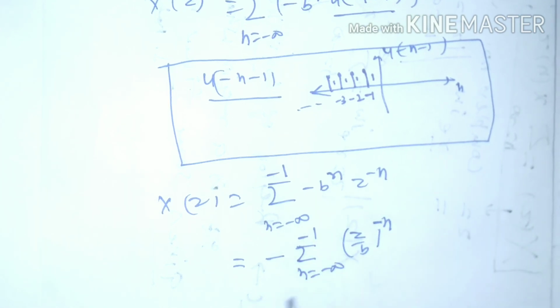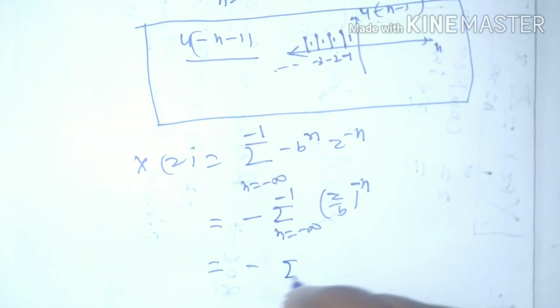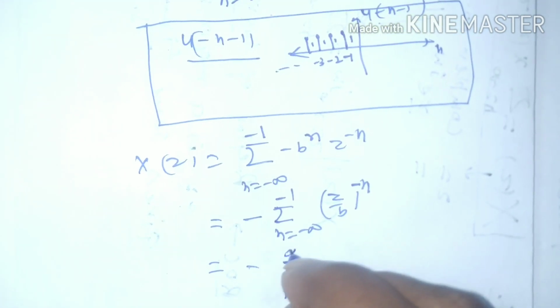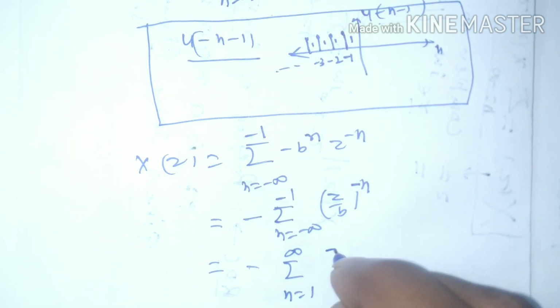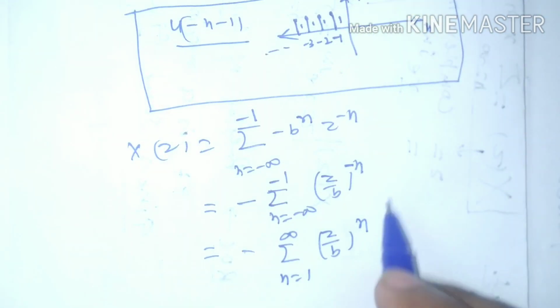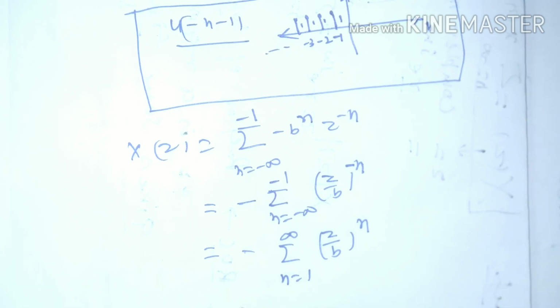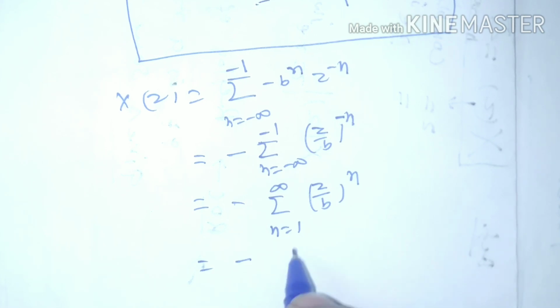Now if we reverse this summation, putting minus n in place of n, we get n equal to 1 to infinity of (z/b)^n. Now we have to find the summation of this signal. Here the limit is from 1 to infinity.